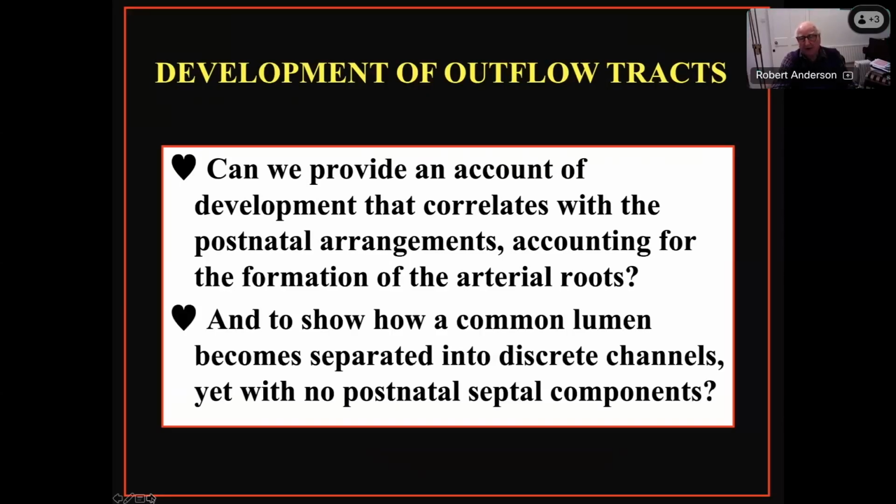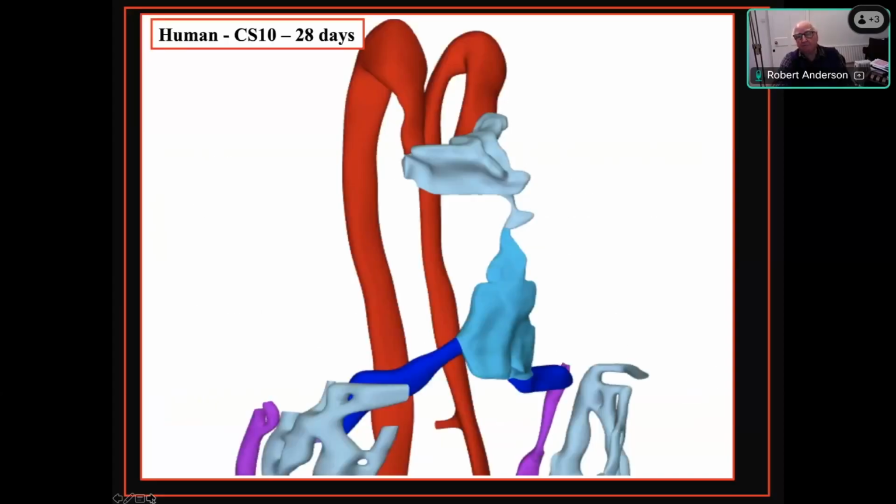So that is what I'm going to try to show you, how the common lumen becomes separated into discrete channels, albeit without any persisting septal components.